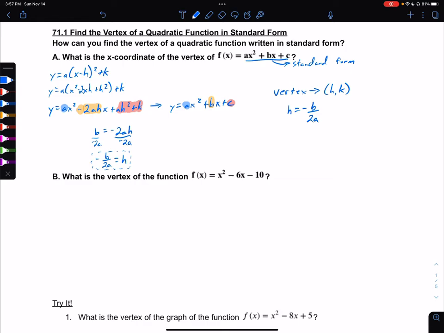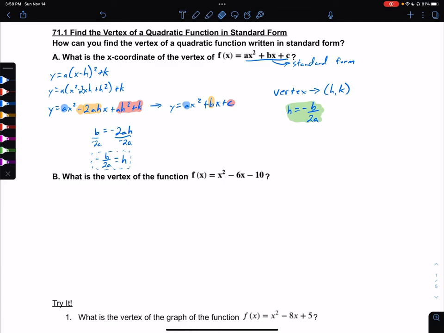That would be your h value, or the x-coordinate of the vertex. Now again, don't stress yourself out about that part of it. What you need to know is this piece here. Make sure you know that h is equal to negative b over 2a. As long as you remember that and take note of that, you'll be in good shape.